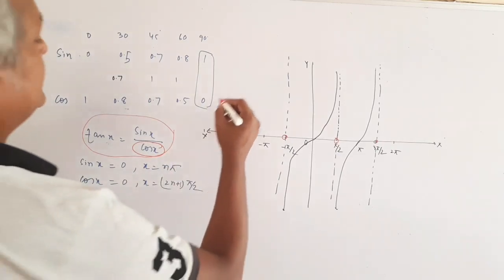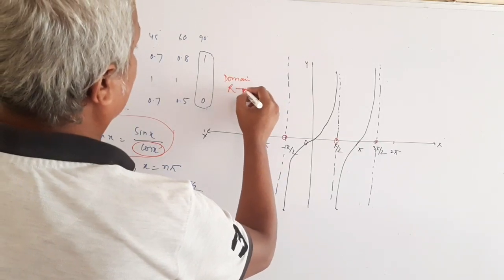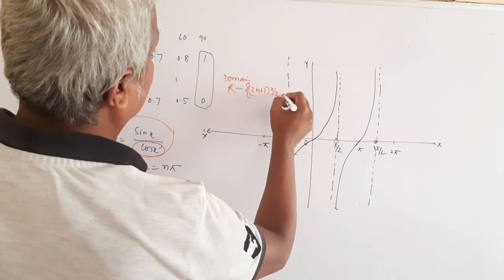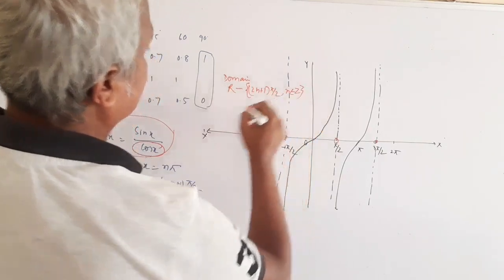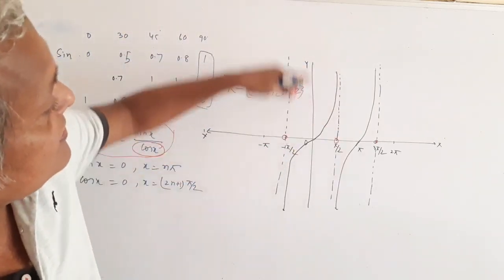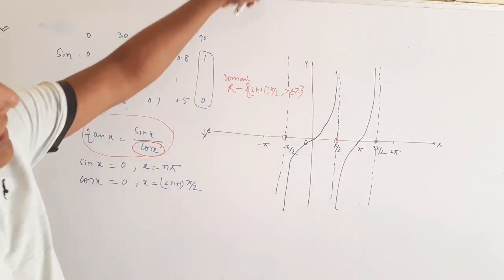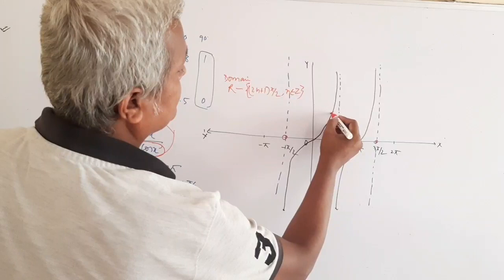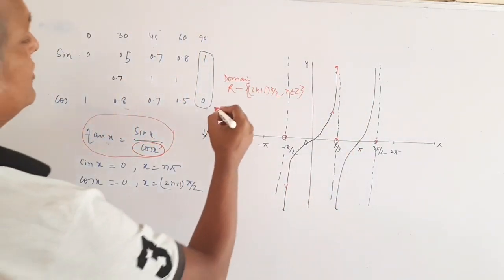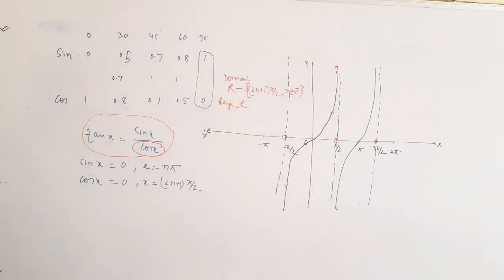It means your domain is the full real line minus (2n+1) pi by 2, where n is an integer. And then what is the range? You see there is no problem with the range. It goes from minus infinity down to plus infinity up, because this graph is going in this direction, and then further in this direction. So what is your range? Full real line.